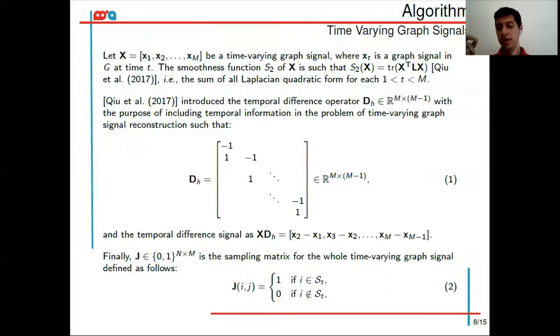It means the graph signal in the second day minus the graph signal in the first day, X3 minus X2, and so on. And finally, we have a J matrix, that is the sampling matrix for the whole time-varying graph signal.